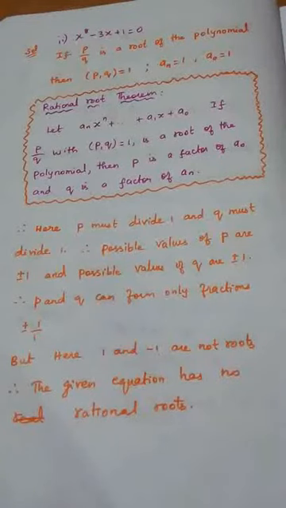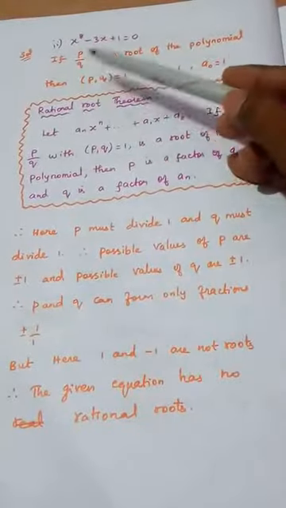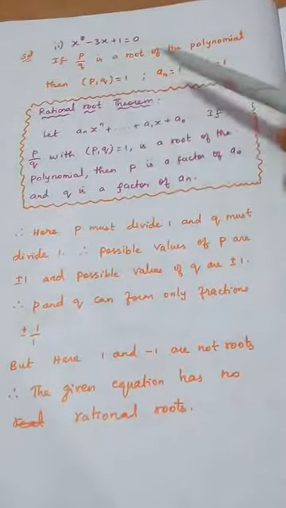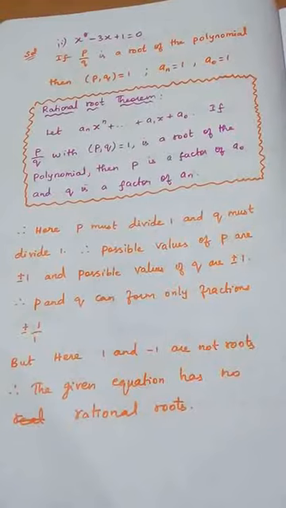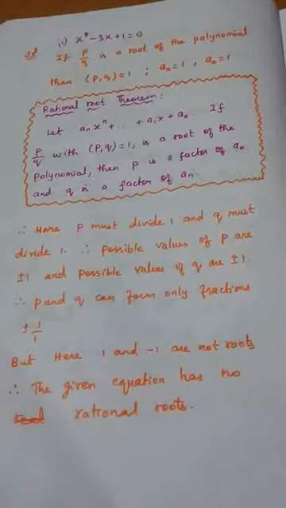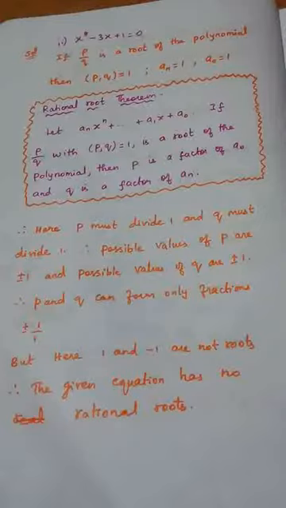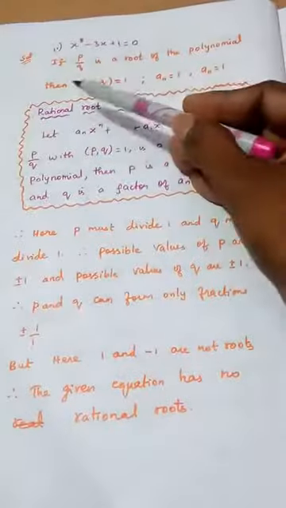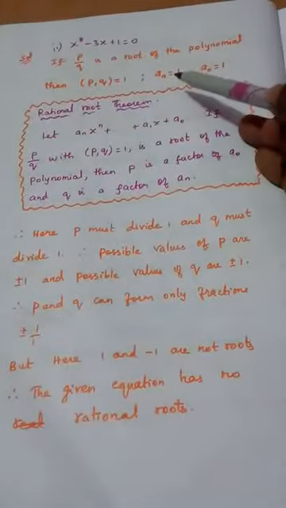According to the rational root theorem, for this sum, p should divide 1, q should divide 1. What are the numbers which divide 1? Only two are possible, plus 1 and minus 1, right? Actually p must divide this 1, q should be a factor of this 1.